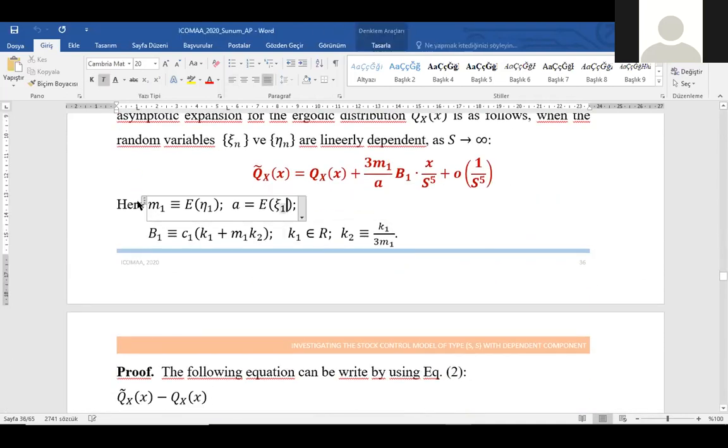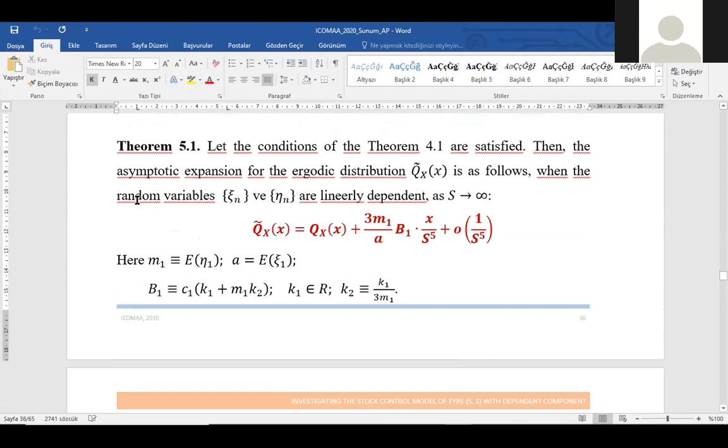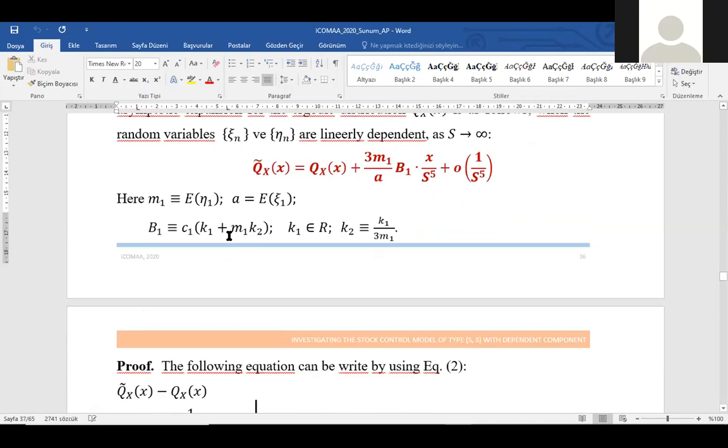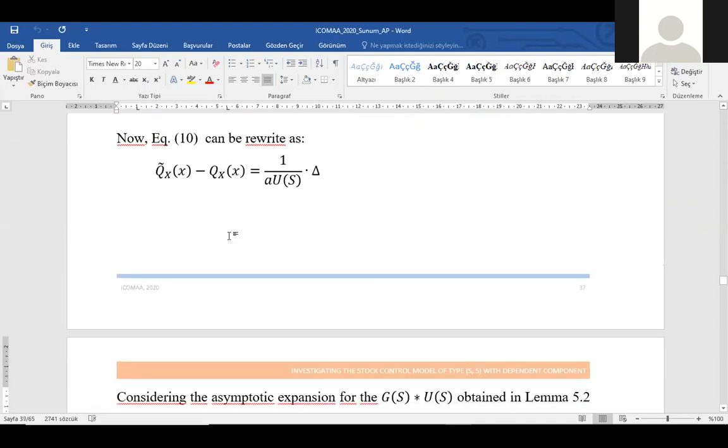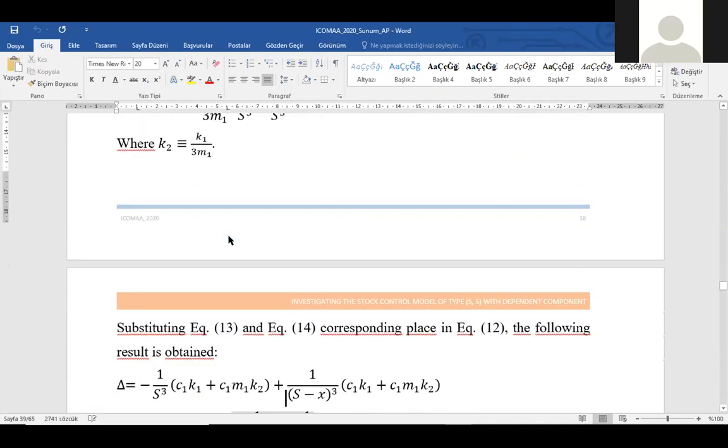Then our second main result: when Cn and eta n are linearly dependent, then the asymptotic expansion for the ergodic distribution is as follows. This is our proof. I skipped this.